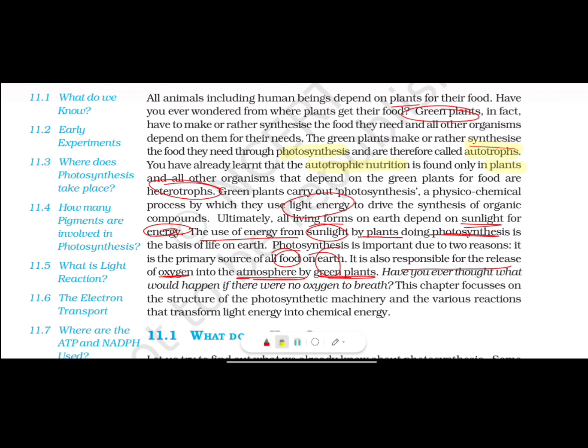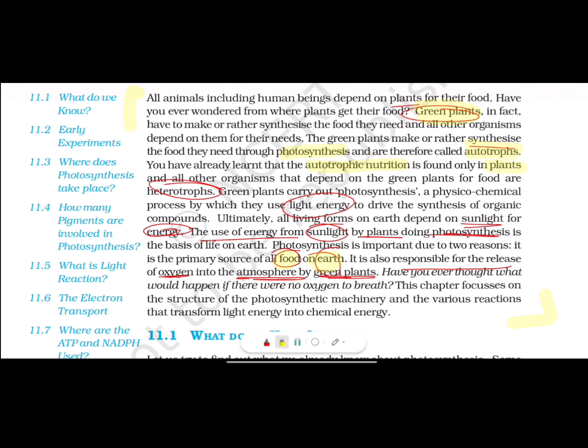The important thing here is we have to know what's happening in this paragraph. So we are talking about the green plants. They make food with the help of the light energy from the sun, and it undergoes a multi-step process called photosynthesis, and they produce food. It's the primary source of food on the earth.